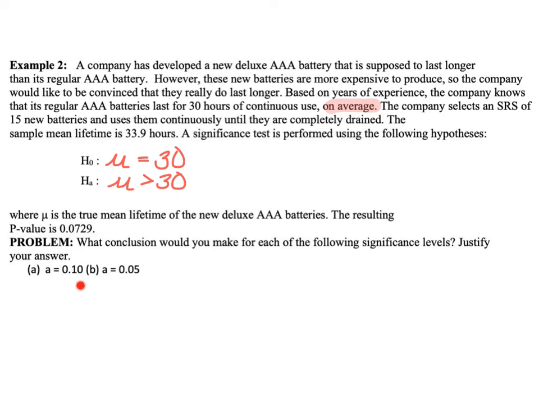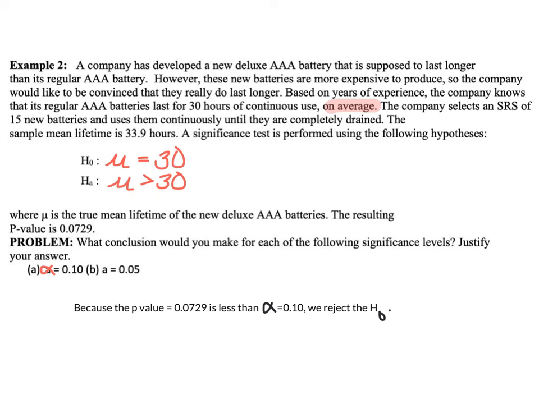If alpha, and I know that looks like A, but I want it to be the Greek letter alpha, was equal to 0.10 or 10%, what would our conclusion be? For part A, because the p-value, which equals 0.0729, is less than alpha equals 0.10, we reject the null hypothesis.